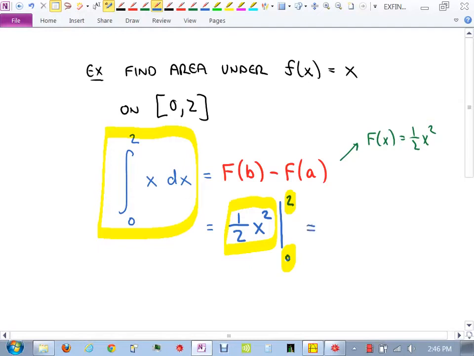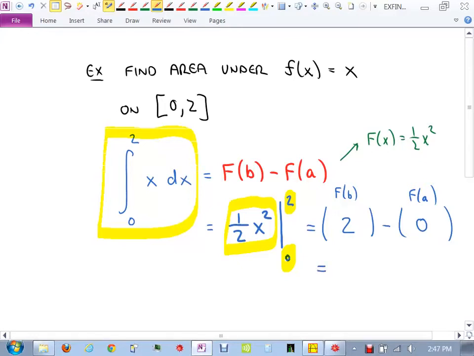So I'm going to write down here now 2 sets of parentheses. This first one will be capital F of B. The next one will be capital F of A. So plug 2 into that, and what do you get? You get 2, right? And plug in 0, and you get 0. Agreed?